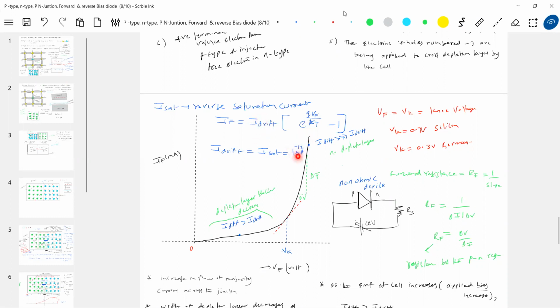It varies from 10 to the power of minus 12 to 10 to the power of minus 8, depending on the diode. Different books give different values, on average very small, due to the minority carrier current. So this is the graph you have to remember, and based on this equation, any questions can come.